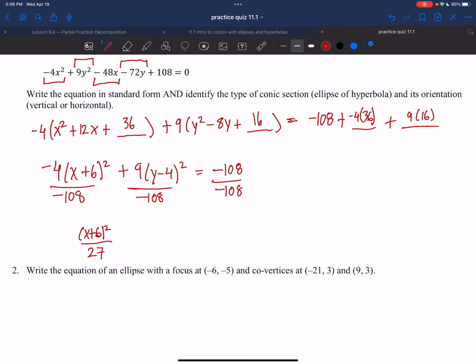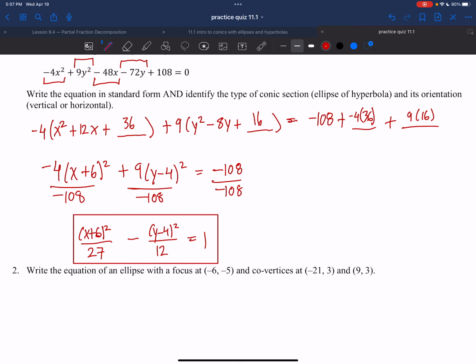And notice that that is now positive because I'm doing a double negative. And then this is now actually minus. What's 108 divided by 9? I feel like I should know that. I probably do know that. Oh, it's 12, of course. Y minus 4 squared over 12, and then this equals 1. And that's it.